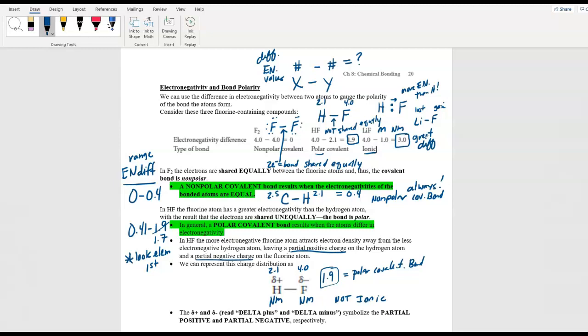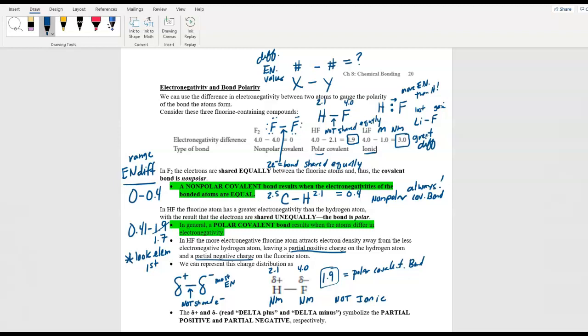These two symbols, partial positive and partial negative, are telling me that in this bond between them, it's not shared equally, but the positive and negative is telling me who's dominating. The partial negative is the element that is most electronegative. So if fluorine is 4.0, he is the most electronegative, so he gets the partial negative.